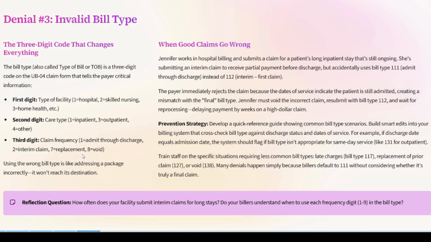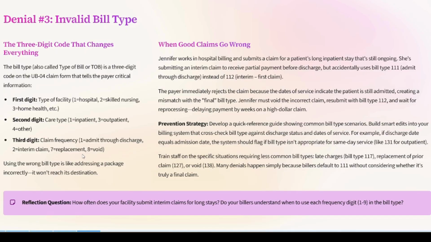All right. So, what is a prevention strategy? Develop a quick reference guide showing common bill type scenarios. Build smart edits into your billing system that cross-check bill types against discharge status and dates of service. For example, if the discharge date equals the admission date, the system should flag if the bill type isn't appropriate for the same date of service, like a 131 for outpatient.